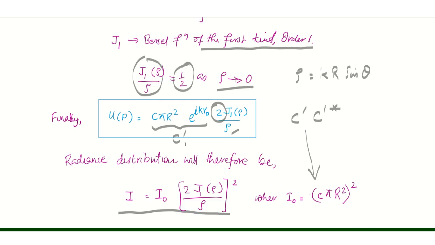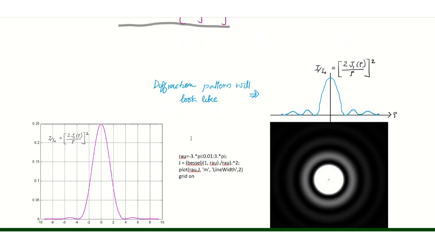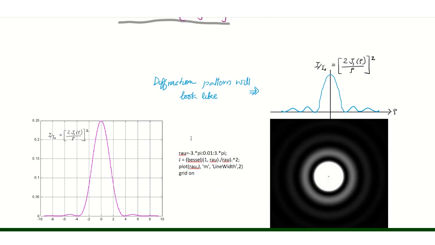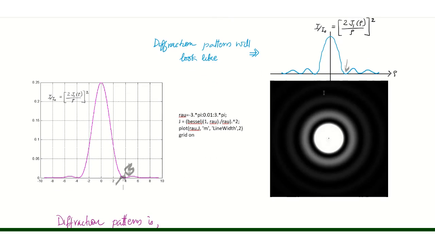Now let's see how it is going to look in the actual situation. It is very similar to the sinc square function in shape, but it has different values for the zeros. This is something for actual values I have calculated using MATLAB, and you can see where the zeros are.